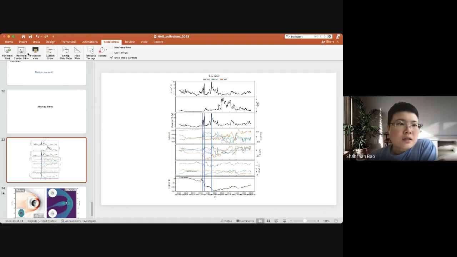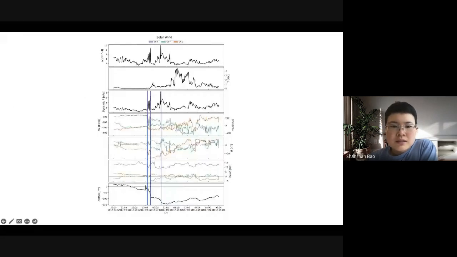Here you can see a prompt penetration electric field generated with a sudden drop of the Bz component, and another drop here. The last one is a sudden increase of the ram pressure. Afterwards there is a period of southward IMF, and it has enhanced penetration electric field along the way. So basically the penetration electric field is a reflection of the solar wind driving from the model.